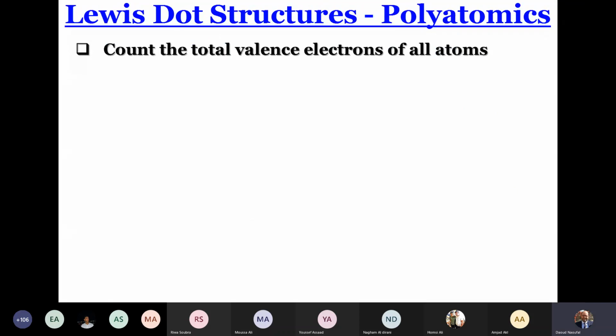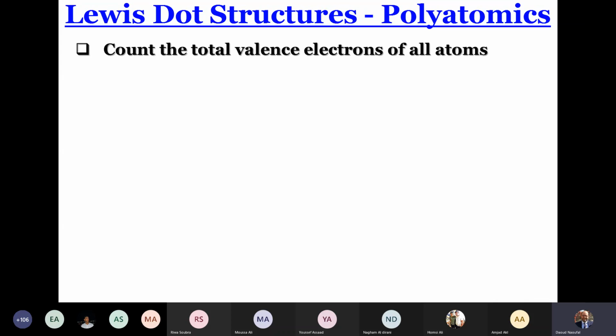How to find the Lewis dot structure for a polyatomic molecule? First of all, we have to follow these rules, and pay attention that in the chemical bonding theories, the key is the Lewis structure.